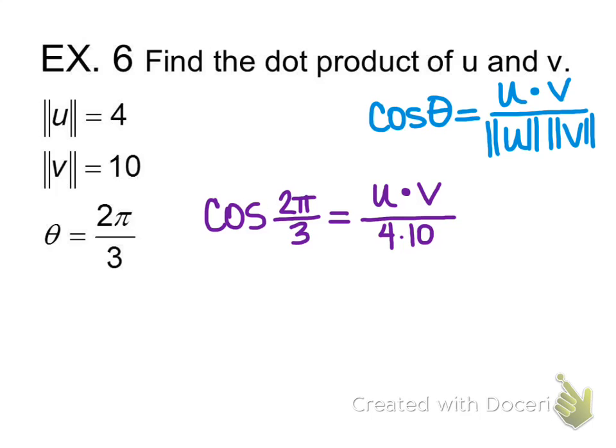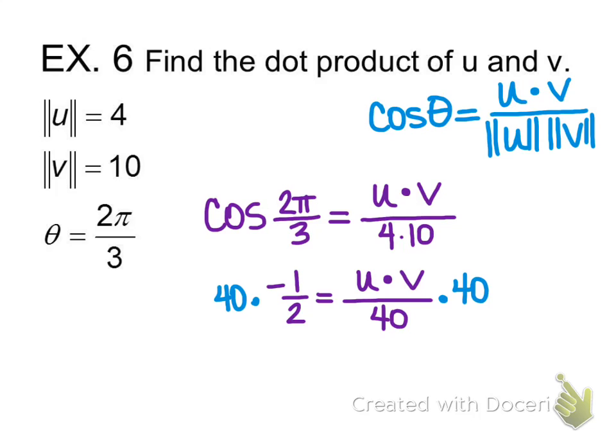So you can use your unit circle and find the cosine of 2 pi over 3, or you can type it into your calculator, but make sure you're in radian mode, and the cosine of 2 pi over 3 is negative 1/2. Equals u dotted with v over 40. So I'm trying to find the dot product. I want to get u dotted with v by itself. So I'm going to multiply by 40 on both sides. So then u dotted with v is going to equal 40 times negative 1/2, which will be negative 20. So the dot product of u and v is negative 20.